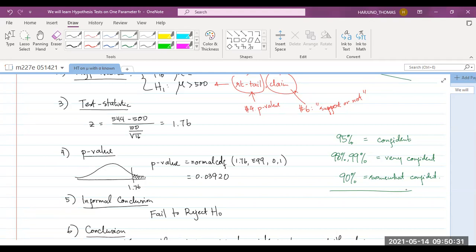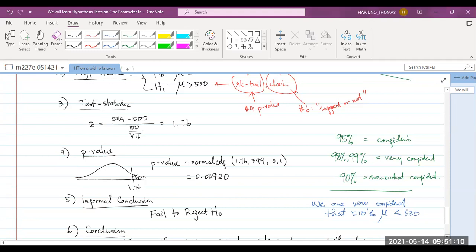So the wording that we use in interpreting a confidence interval, the statistician may say that we are, for example, very confident that the population mean is between, let's say, 510 to 630, for example.